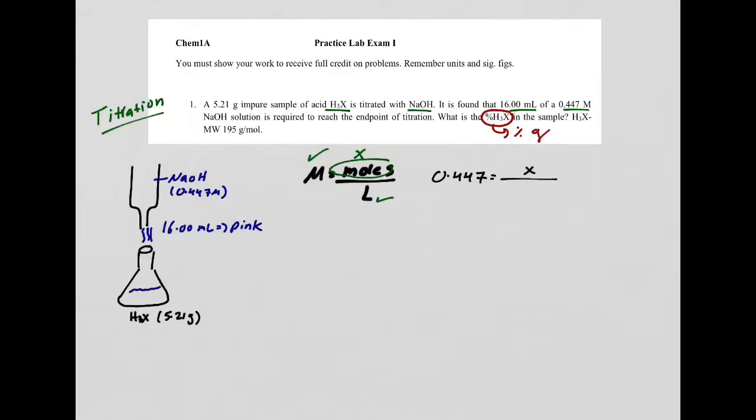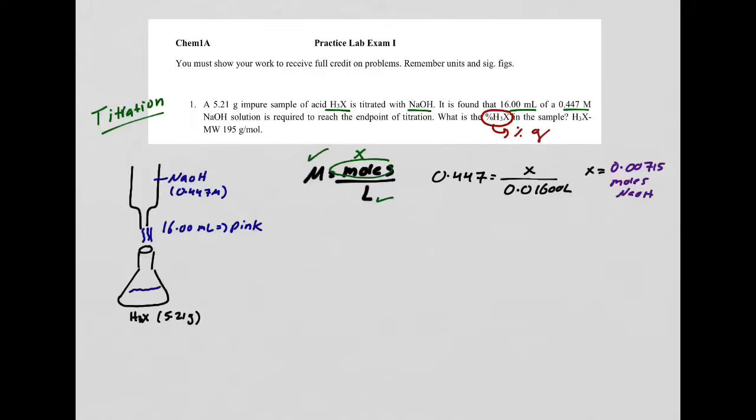The volume is 16 ml. You need to convert it to liters, because molarity is moles per liter, so divide by 1,000. You get 0.01600 liter. Now, if I solve for X, I get 0.00715 moles of NaOH.